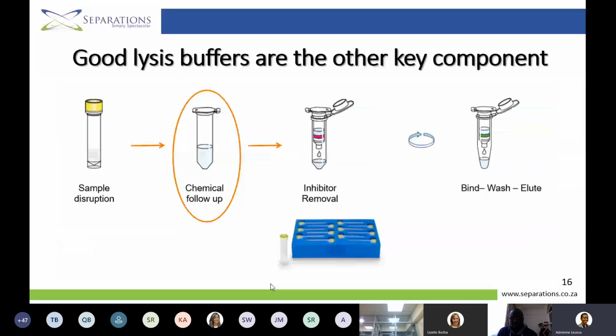Okay, so as a follow-up to your physical sample disruption, we also want to highlight that with the Macherey-Nagel kits, there is an optimization of the buffer chemistry just for specific samples to really make sure that you get the most out of your sample.